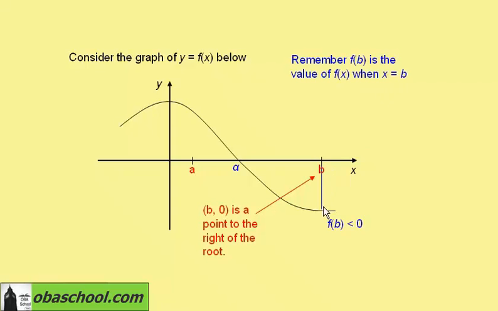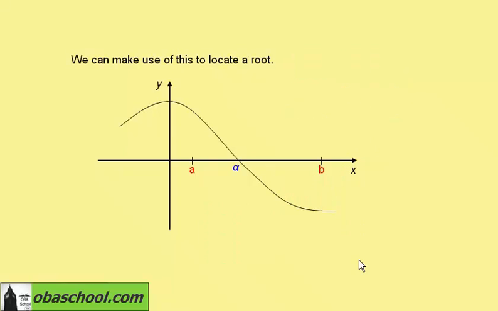Since the curve is below the x-axis, it follows that f of b is less than 0. And this is the point with coordinates b, f of b. We can make use of this analysis to locate a root.